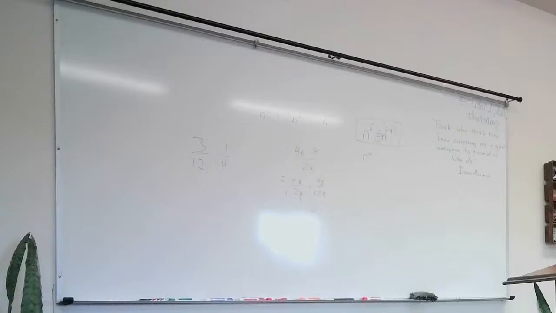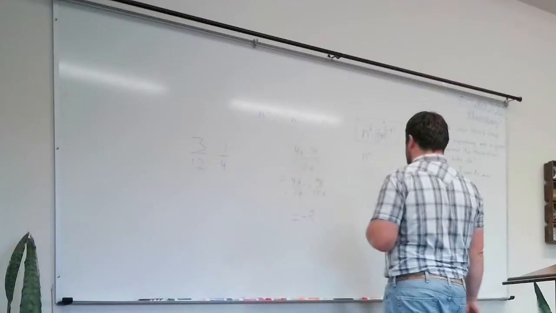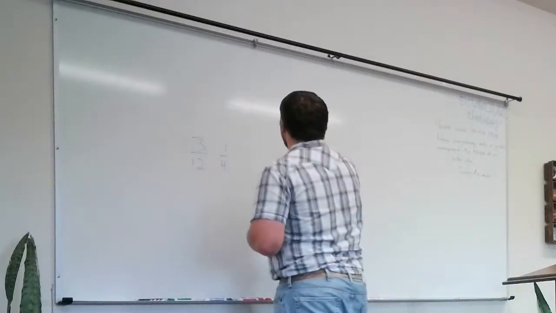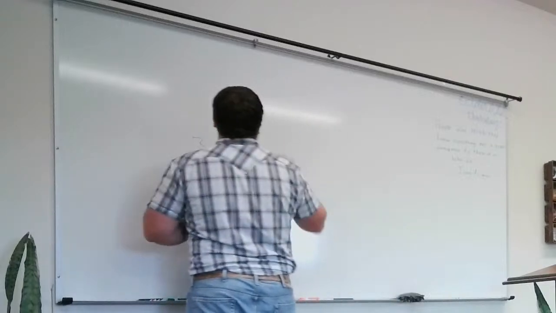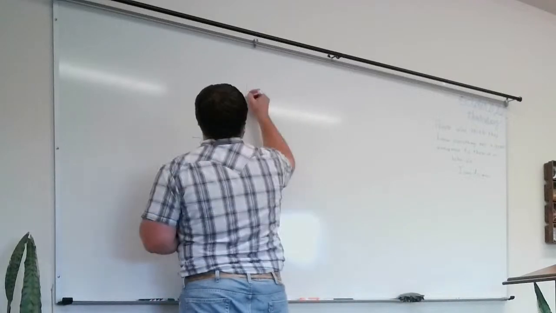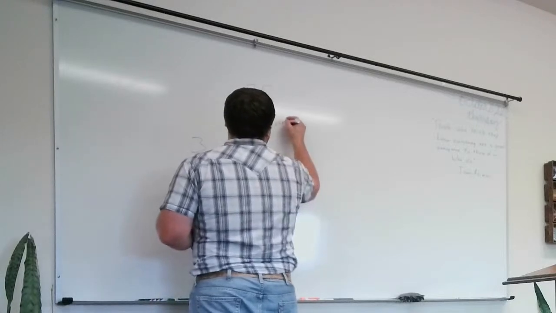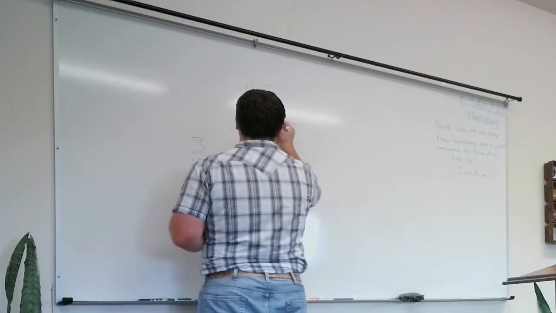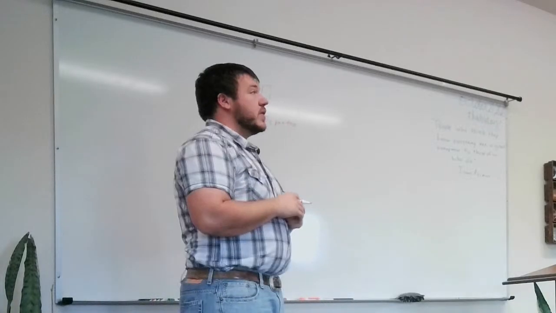365 divided by 300. Hang on, let's use a little bit of a different approach. Every day he doesn't consume these 2 cans, so that's 300 calories per day, right?